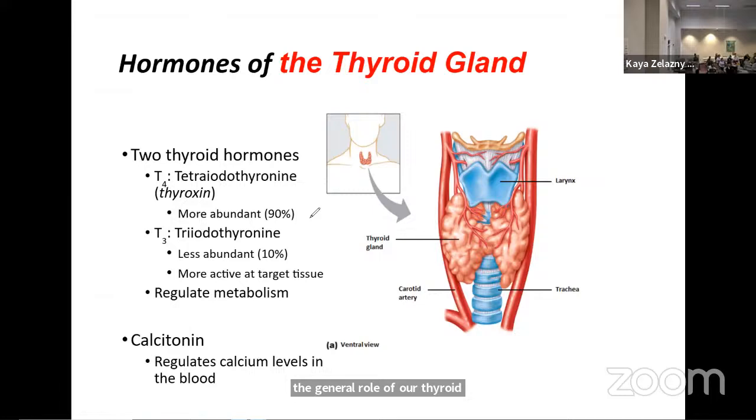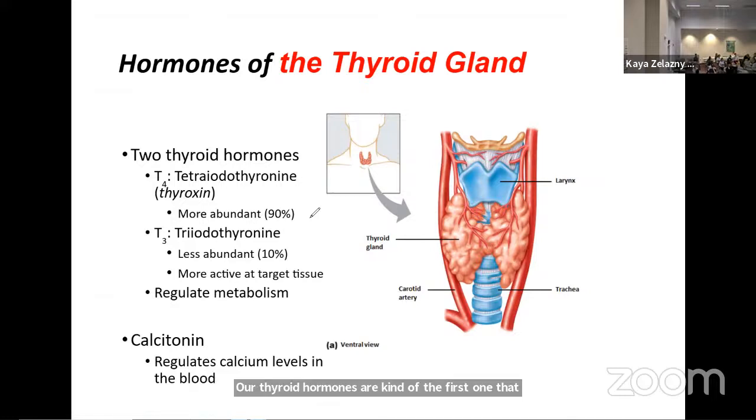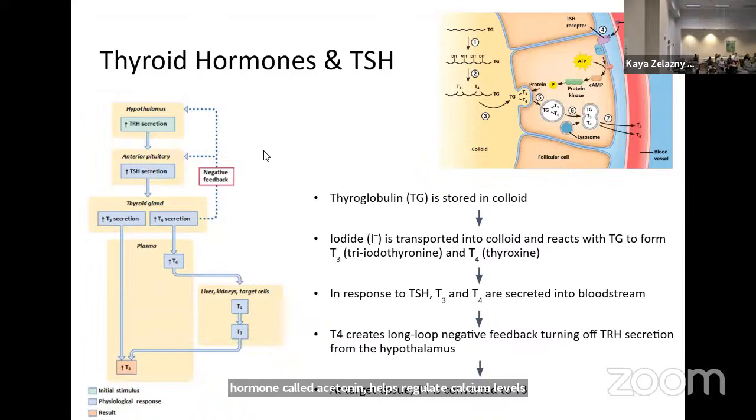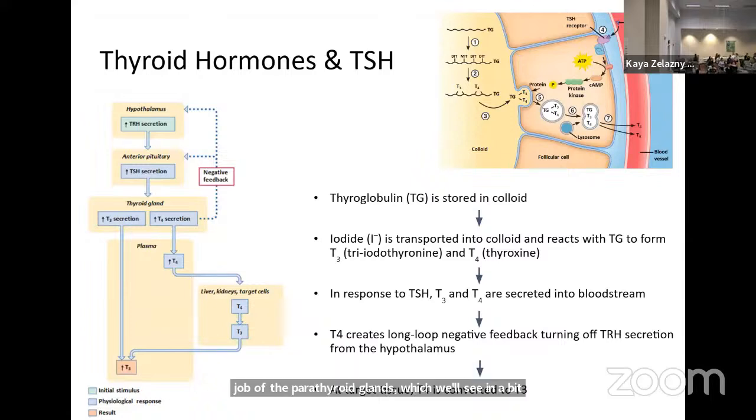We'll see a number of hormones involved with food processing and metabolism, but our thyroid hormones are the first one that we're getting to as we do this little walk through the head and neck. Another effect in this region is that we release a hormone called calcitonin, which helps regulate calcium levels in the blood, which is also the job of the parathyroid glands, which we'll see in a bit.